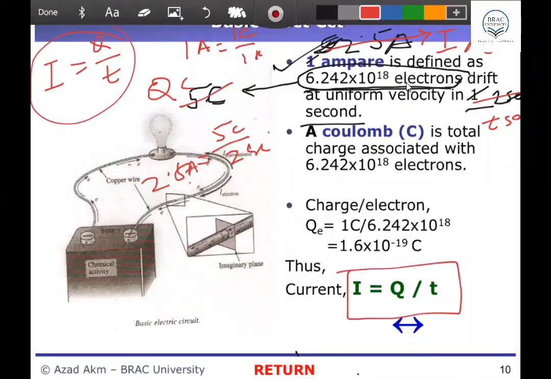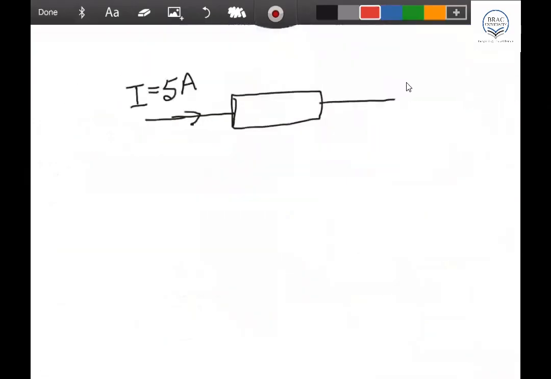We can write I equal to Q by t. This is the current equation we can note.